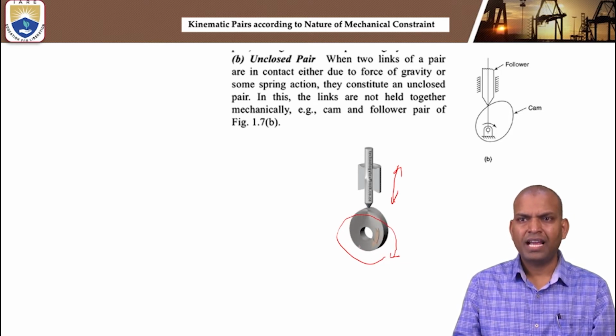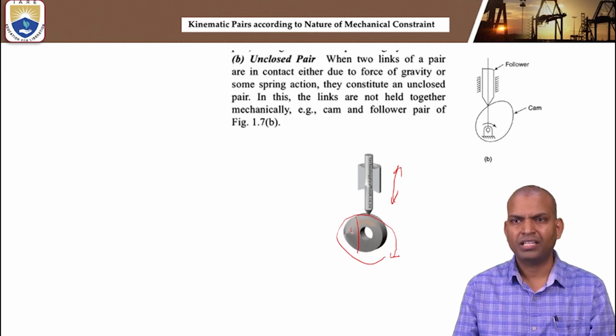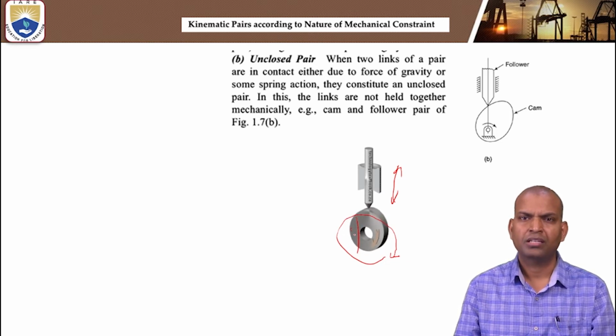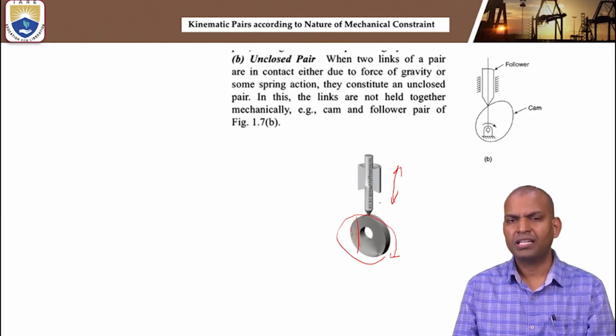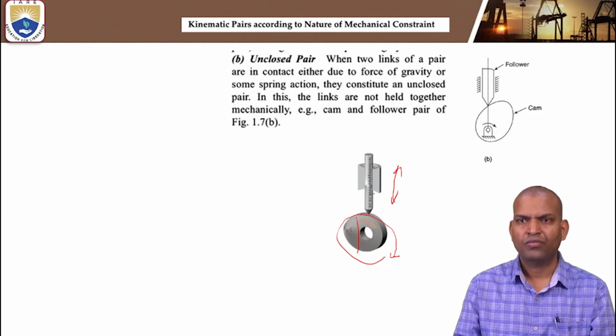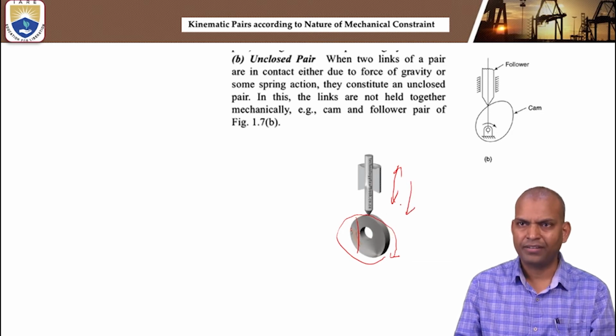At a certain portion there is a constant radius, and that is called the angle of dwell. There is no motion in the follower. At another portion, the follower is coming down. That is called the angle of fall of the cam.